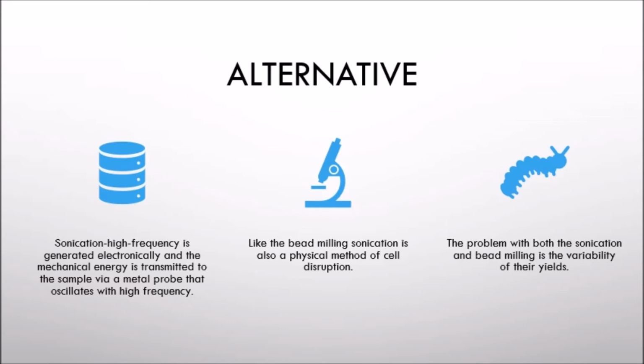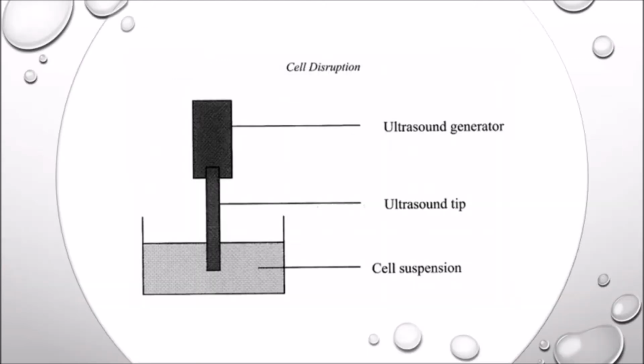The problem with both methods is that they have variability in their yields. The sonication process requires a container to hold the sample and an ultrasound generator in order to produce the high frequency waves.